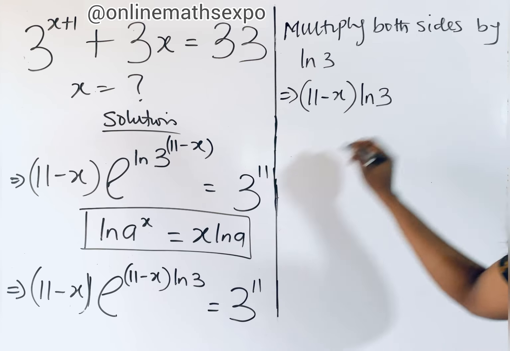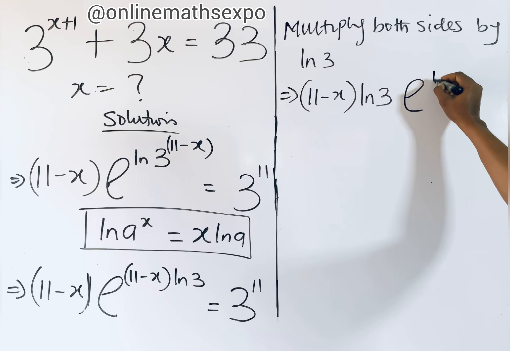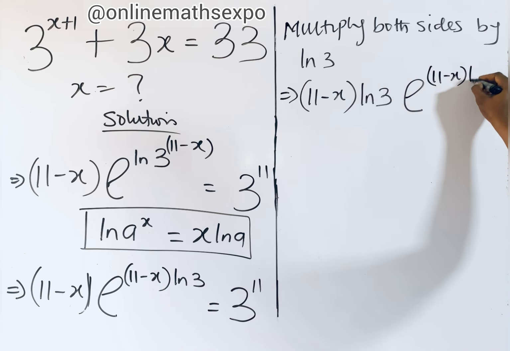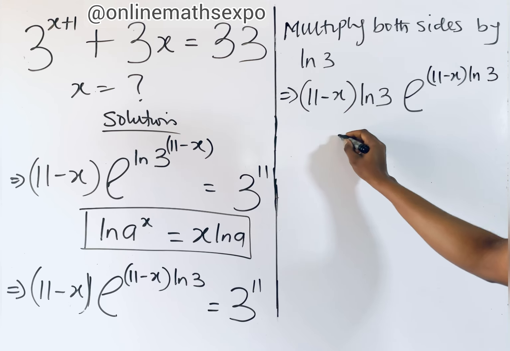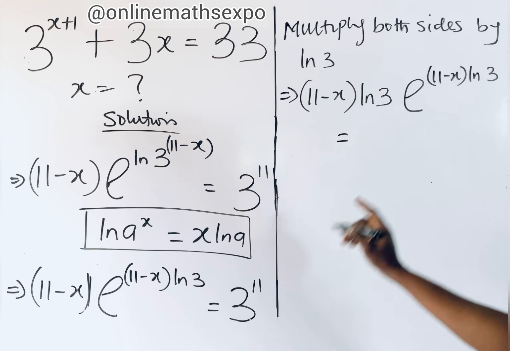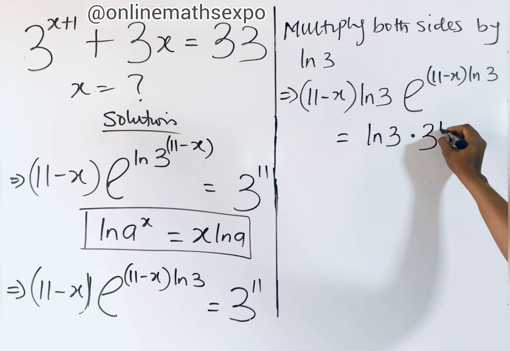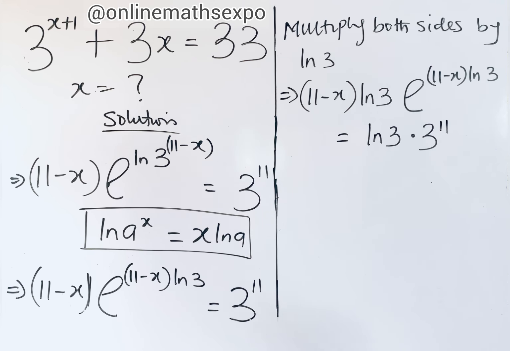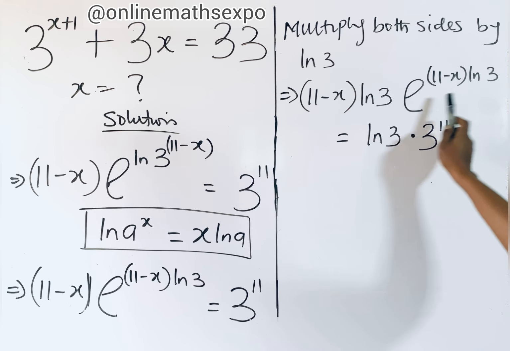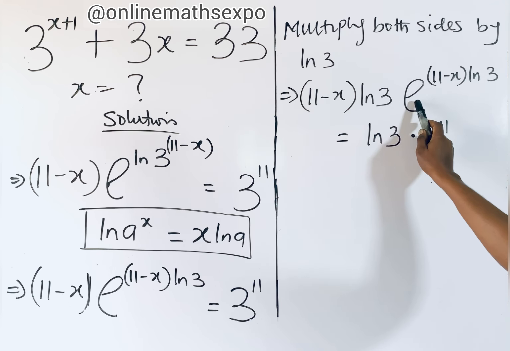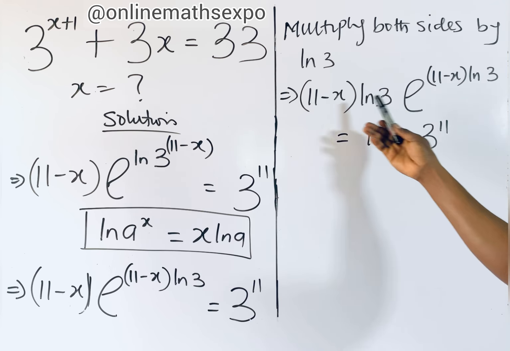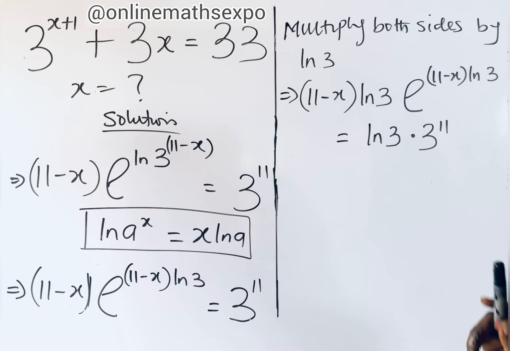Then we now have e to the power of 11 minus x ln of 3 is equal to, multiply this also. So you have ln of 3 multiplied by 3 to the power of 11. Now what did you observe? You now observed that this power and this coefficient are the same, and this is now e. So you are free to introduce your Lambert W function.